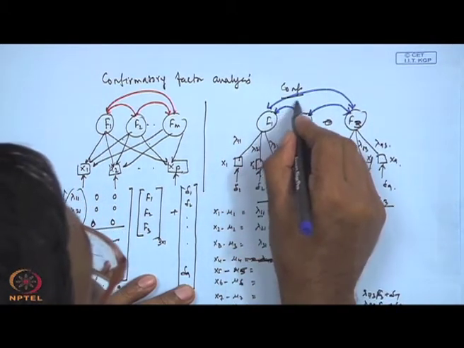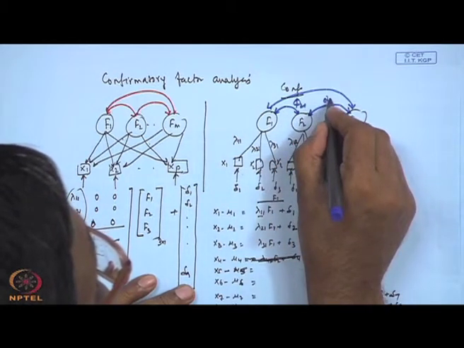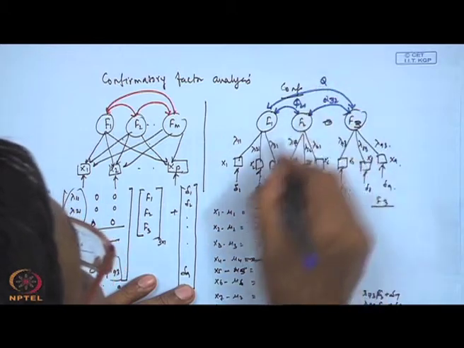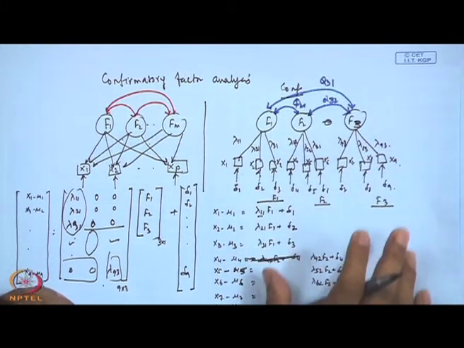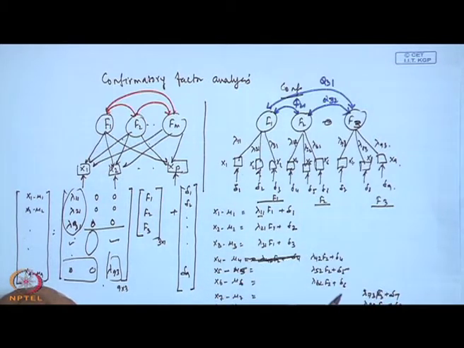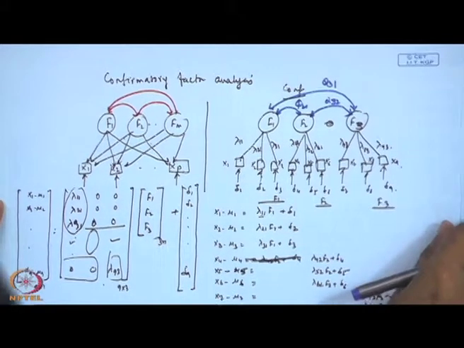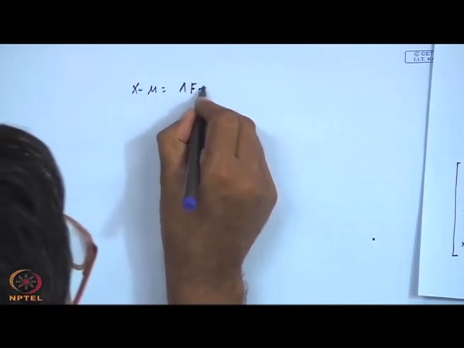So, that means this will be my phi 2 1, this is phi 3 2, this is phi 3 1, phi 2 1, phi 3 1. This structure also we want to keep.